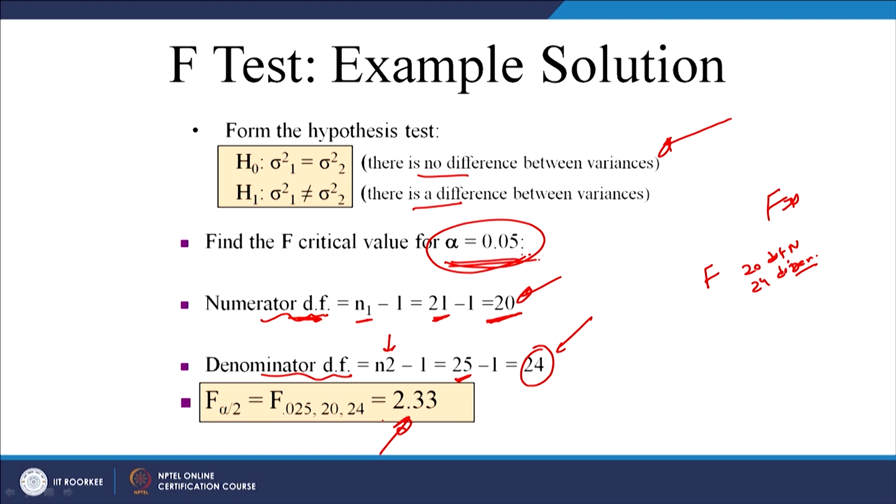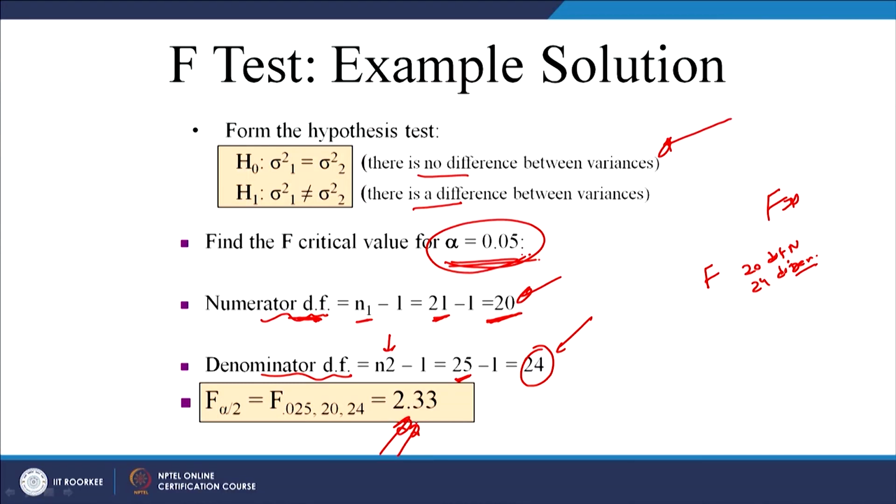Because this is a two-tailed test, you will have to find two critical values of F. It is not like hypothesis testing of means or proportions, where just one value would be sufficient for the left side and right side. Here, for the left and right side, you will have two F critical values.